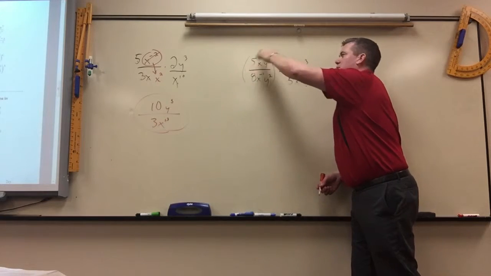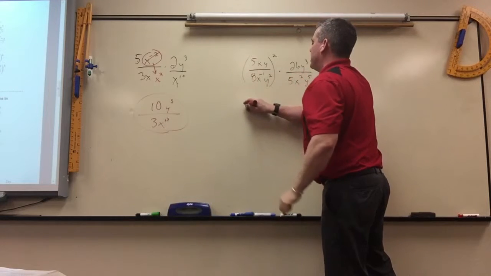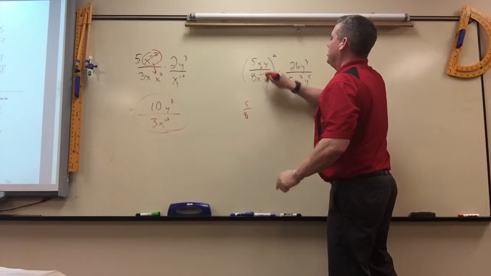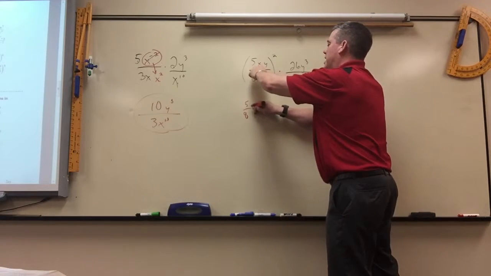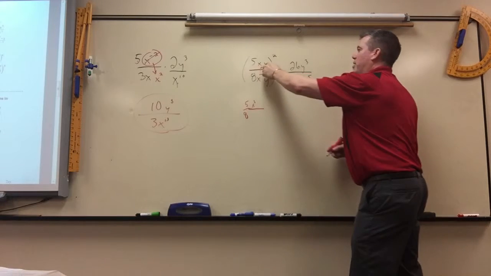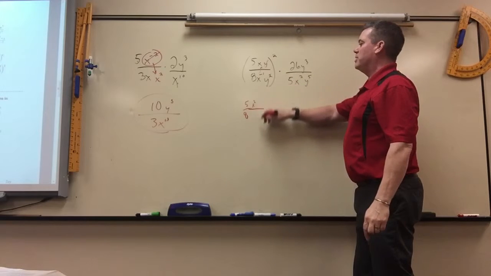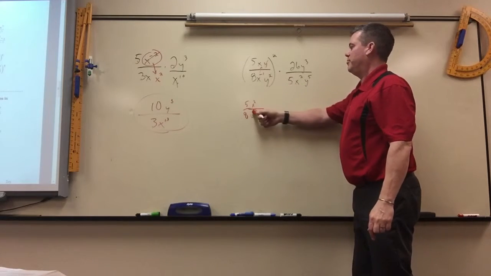So you got to simplify all this first. The 5 over the 8 is going to stay like that. This x would move up because it's a negative, so you'd have x to the second on top. And then these y's, there's 1 there, that would cancel with one of them, leaving you with just a y to the first, or y, on the bottom.